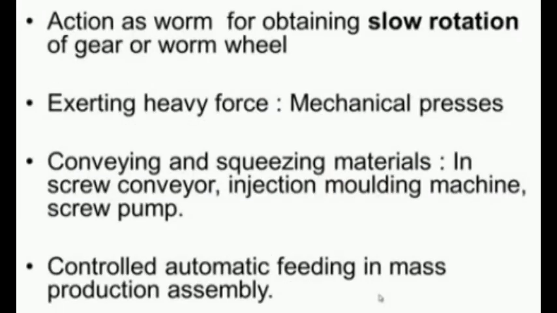To get very slow rotation, we can use screw threads in the form of gears or worm wheels. And for exerting heavy force, an example is mechanical presses.